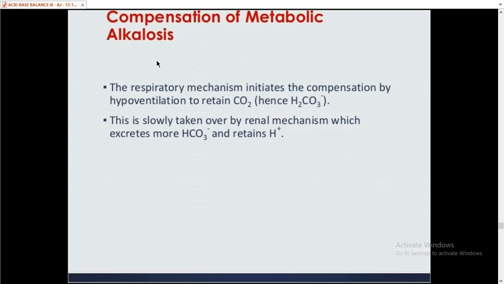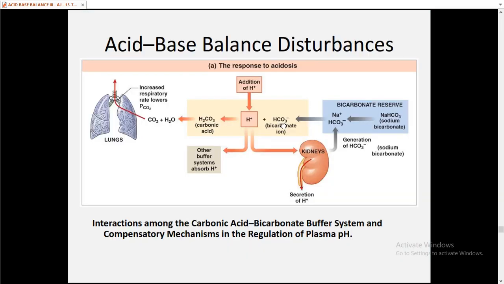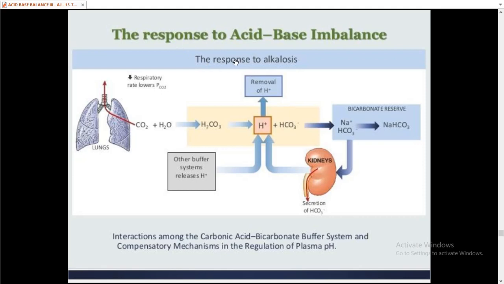The compensation of metabolic alkalosis: the respiratory mechanism initiates the compensation by hypoventilation so that it retains carbon dioxide and thus retains the acid. This is slowly taken over by the renal mechanism, which then excretes more bicarbonate and retains the hydrogen ions. This is the response to alkalosis.